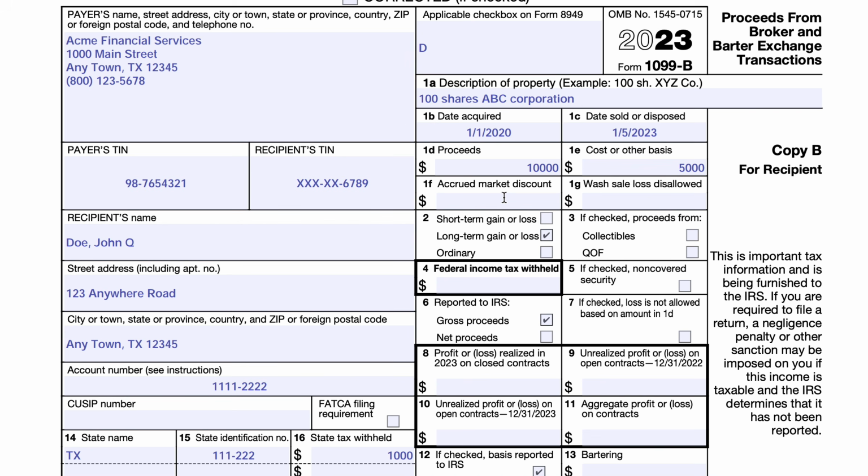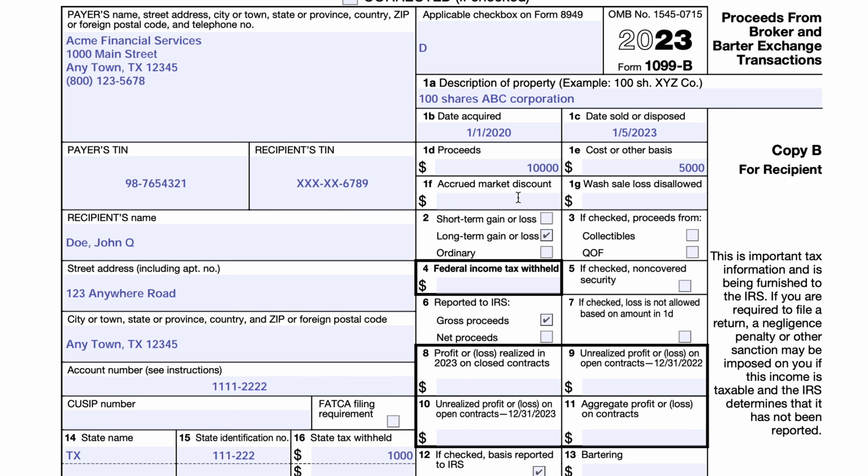So accrued market discount is a little bit different from original issue discount in that the face value of the instrument is lower than what it would be at maturity, but that's because of market fluctuations.